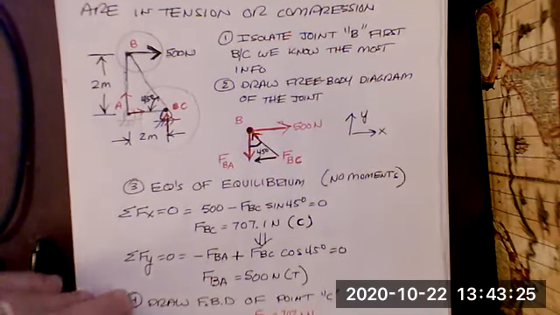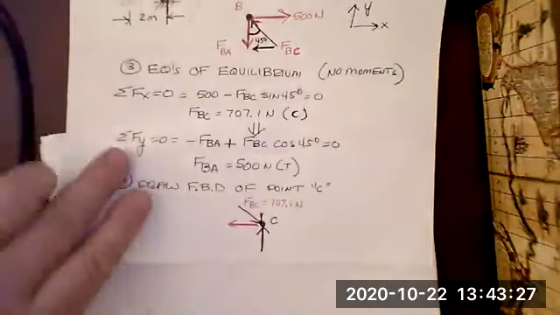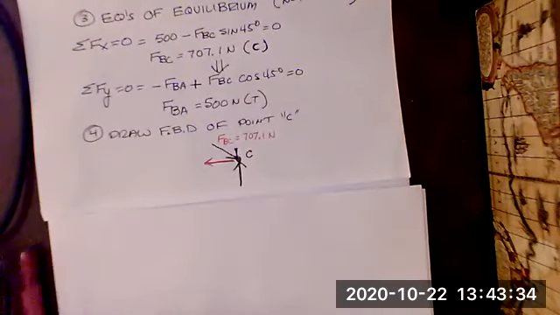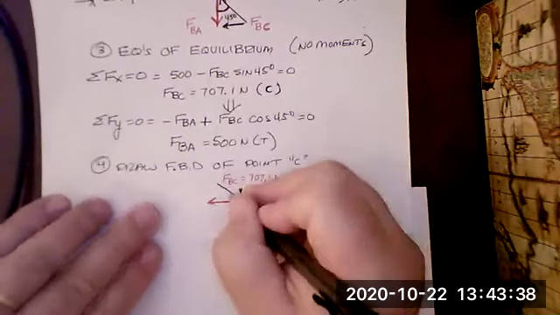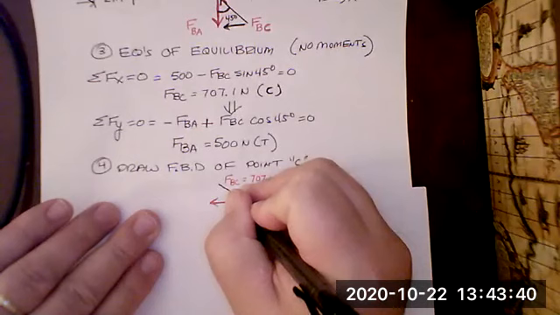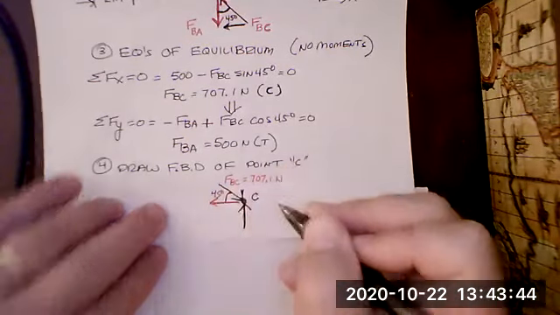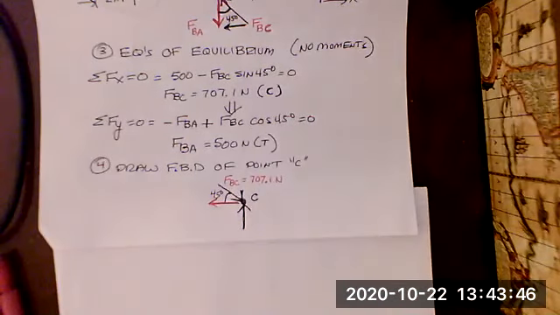So let me work now. We got to do the equations of equilibrium here for this. Now this angle right here is still 45. That angle is 45 degrees right there.